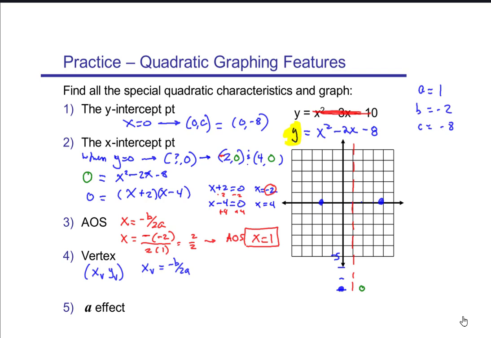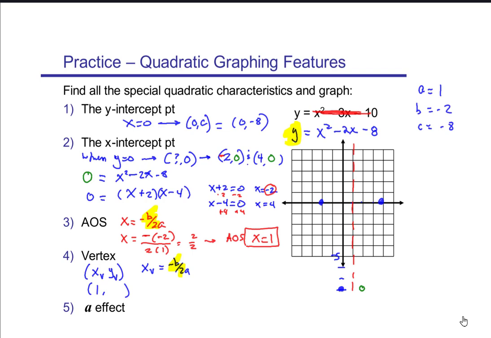The xv is not a line. We're talking about a specific point, and the point has an x number. But the formulas are the same. So the x number of the vertex is also the same as the x equation for the axis of symmetry. So I'm already halfway done. I know that that number is not 2. 2 over 2 is 1.